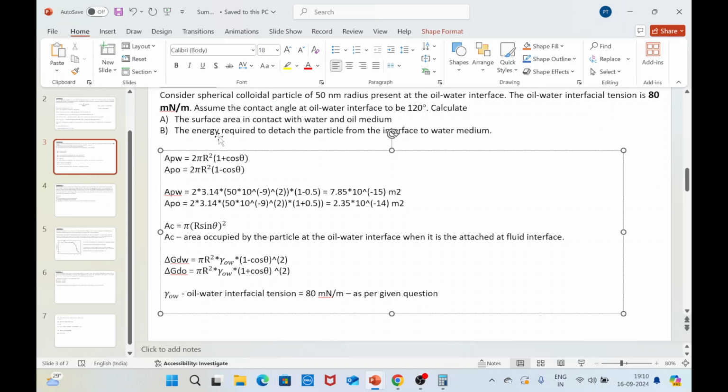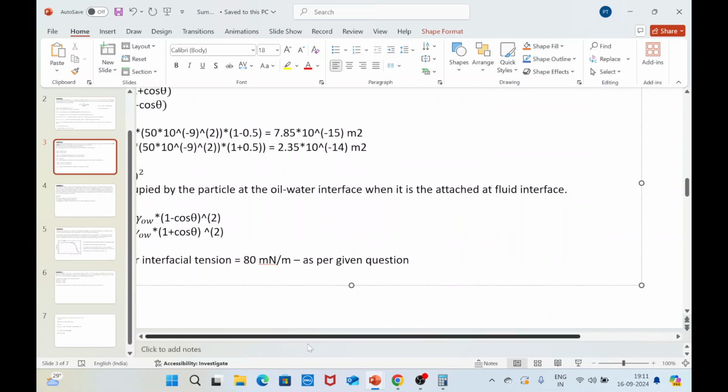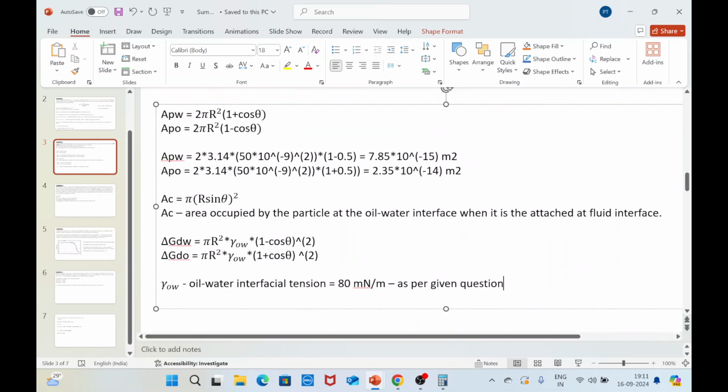So what will be the amount of energy? Before that, as we said earlier, if you compare the areas APW and AOW, you can see the values.